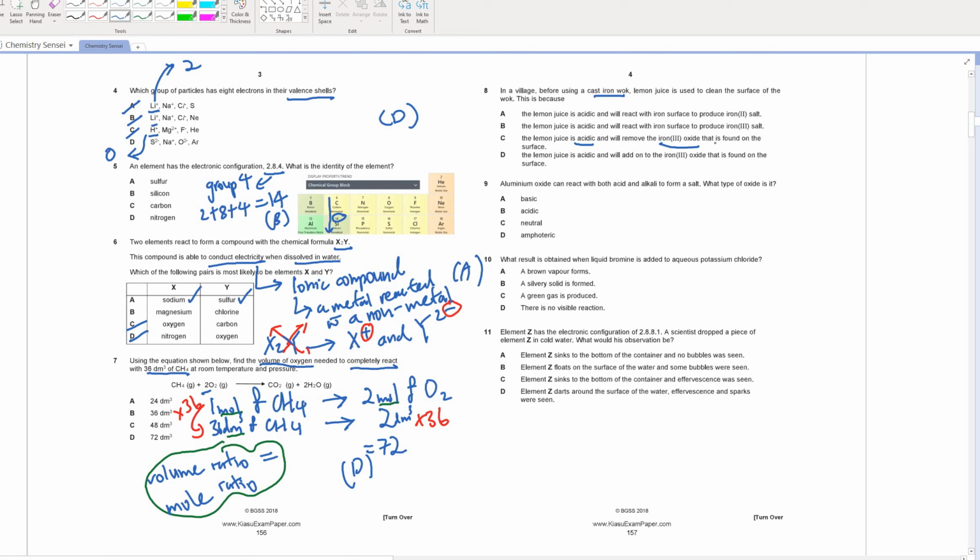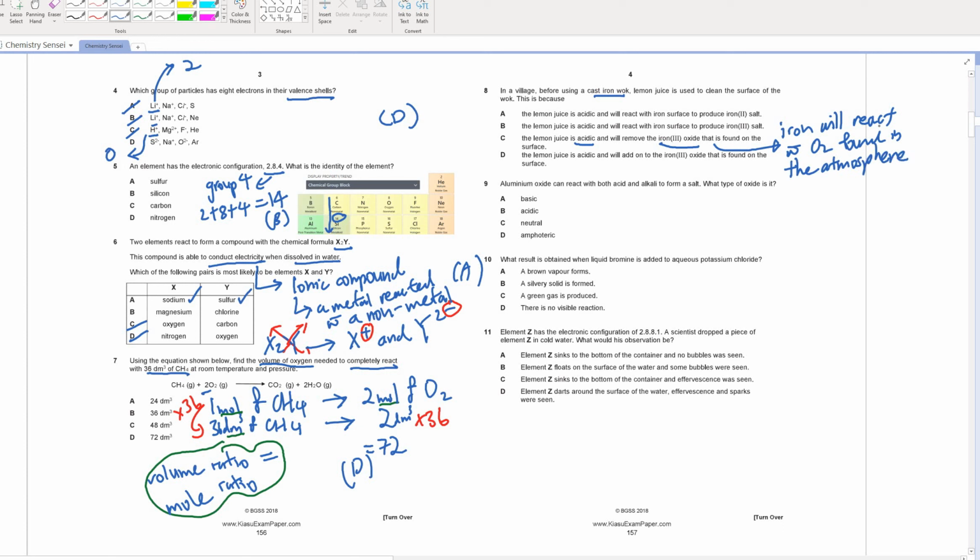Okay, iron 3 oxide is formed on the surface of the iron wok because iron will react with oxygen found in the atmosphere.